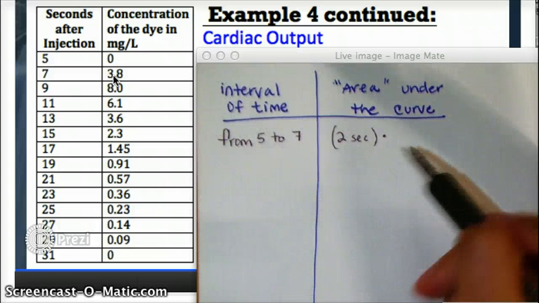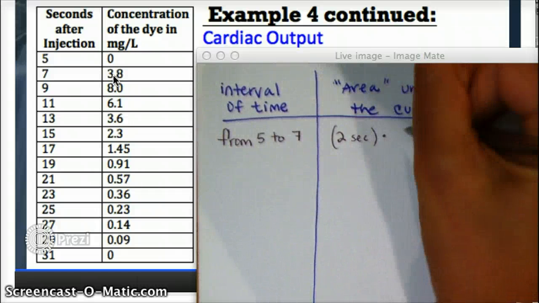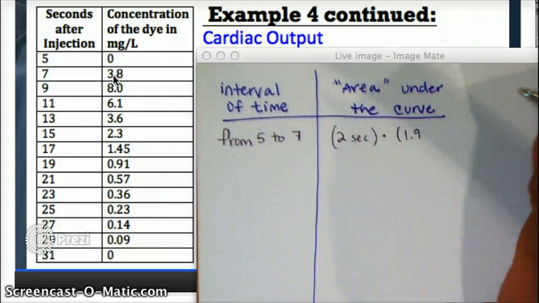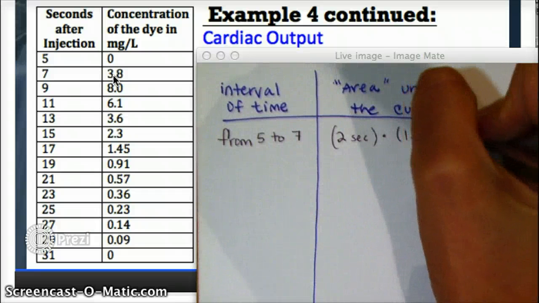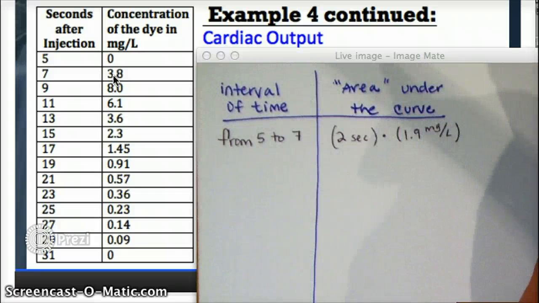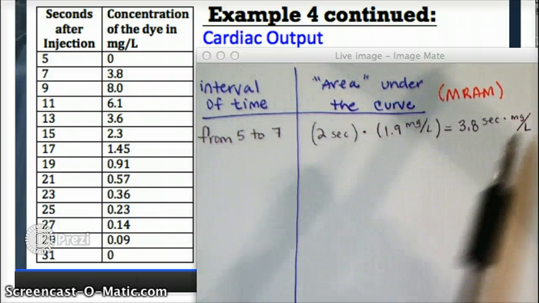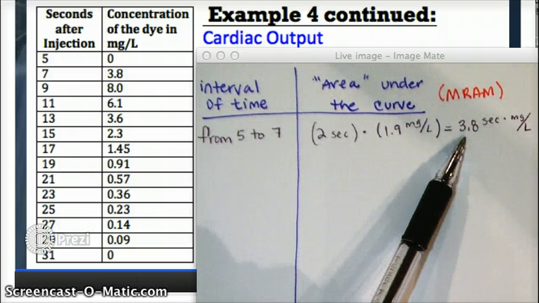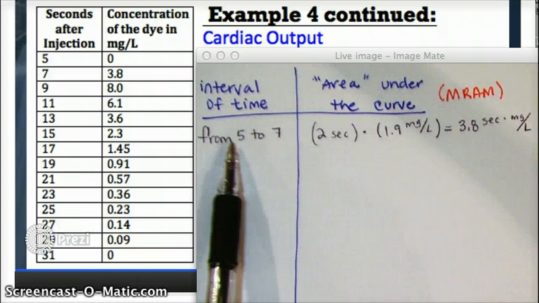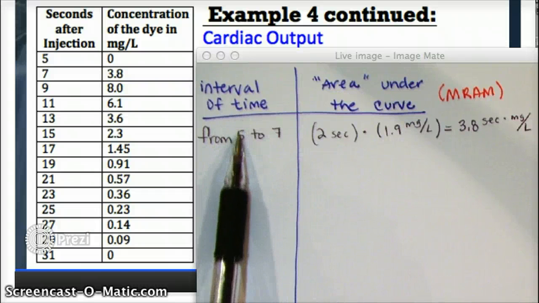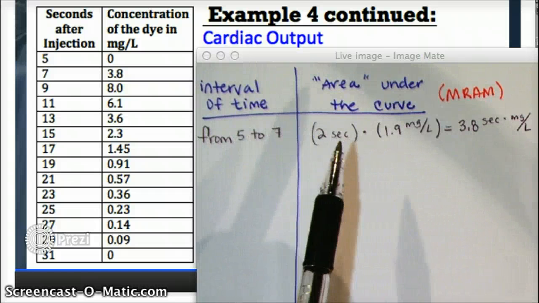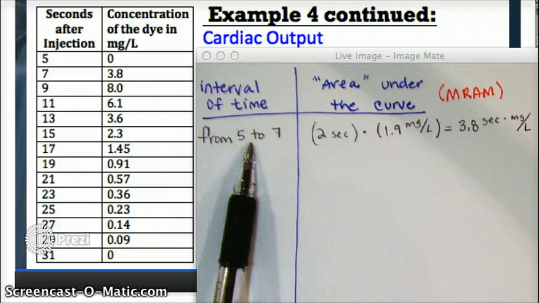Now, I'm going to multiply that here, keeping the units, which are milligrams per liter, and I end up with kind of a weird number, but whatever that means, it does somehow convey the area of this little rectangle, a sliver of this changing quantity between these 2 seconds.